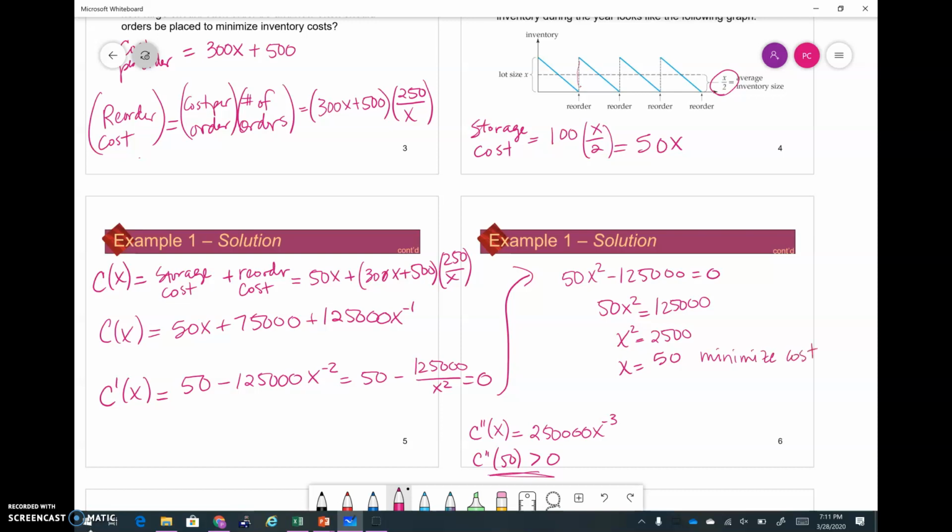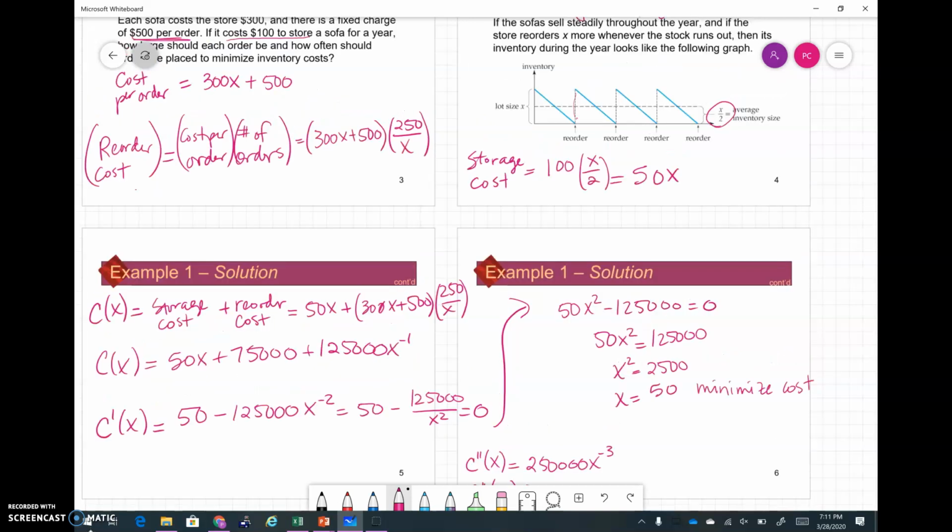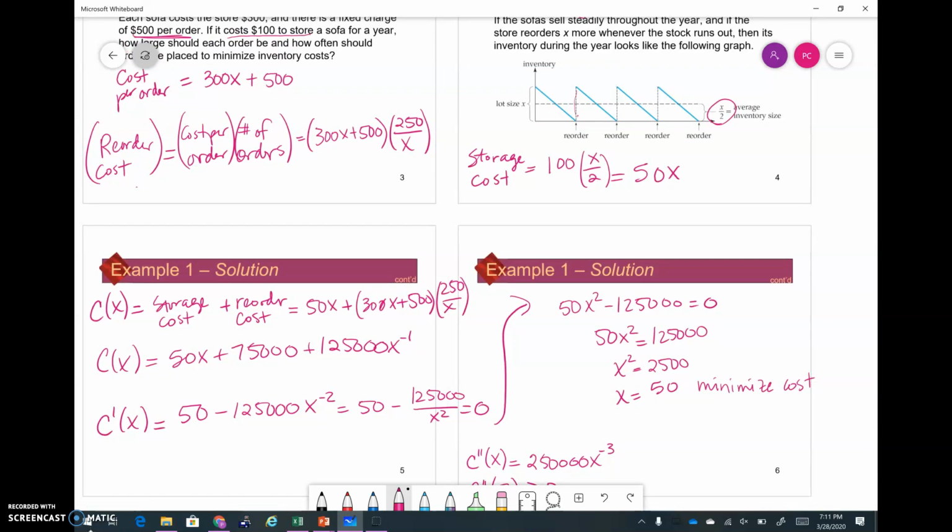Okay, so the question actually asked, how large should each order be? So that's our x equal to 50. And then how often should orders be placed to minimize the inventory cost? So to do that, we're going to take 250 and divide by 50, which gives us 5.